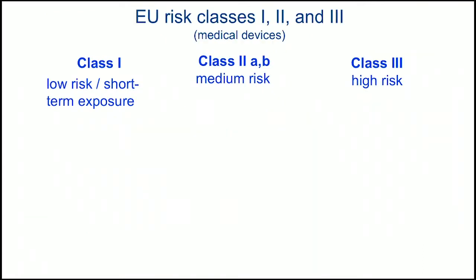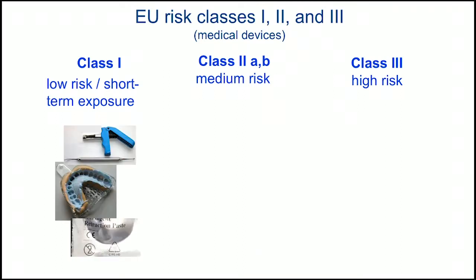Not all medical devices are equal, so the EU regulation divides them in 3 classes, actually 4, but class 1, for example, is the familiar everyday products, say short-term use, instruments and so on, and also could include gingival retraction materials. They are short-term exposure products and considered to be of low risk.